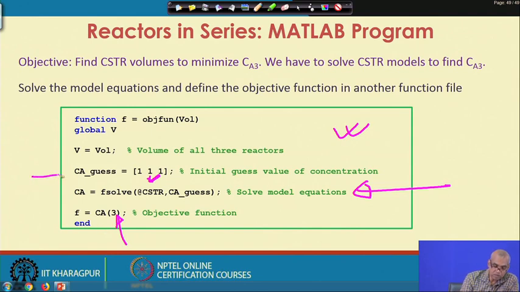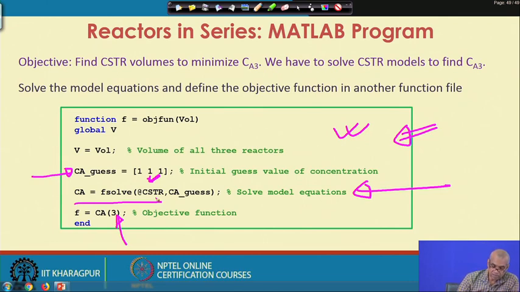The initial guess for fsolve is 1, 1, 1. That means, V1 equal to 1, V2 equal to 1, V3 equal to 1. So, this function file which basically supplies the value of the objective function solves the model equations, which are nothing but a system of 3 nonlinear equations, by using fsolve.